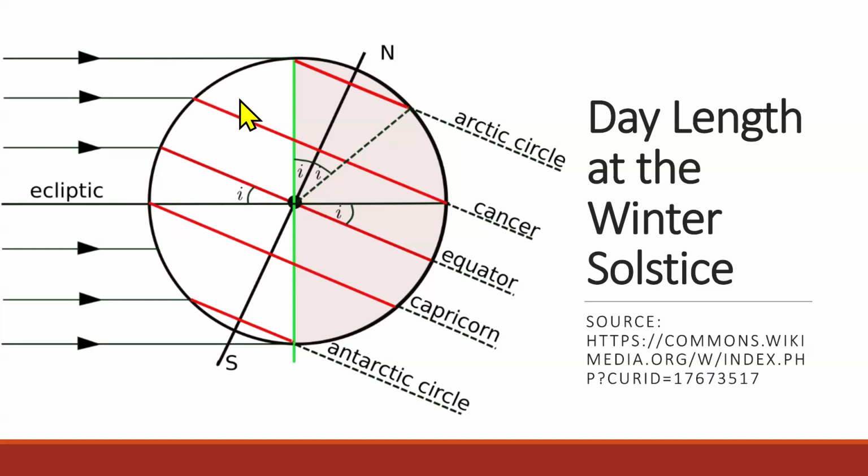We have a shorter day length. These geographic areas won't be as warmed by the sun. They won't have as much sunlight intensity coming into them, and there will be less ability for plants to do photosynthesis during this time of the year.